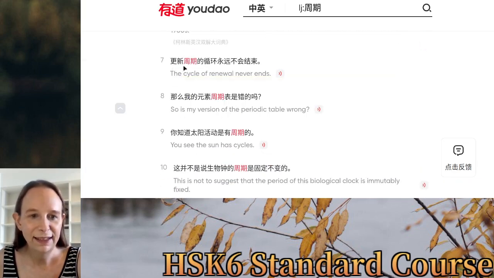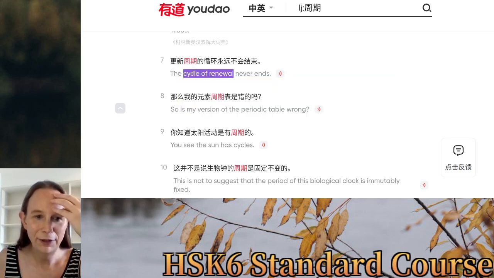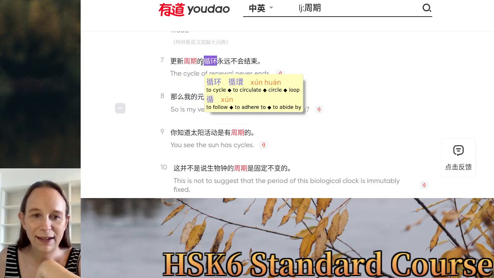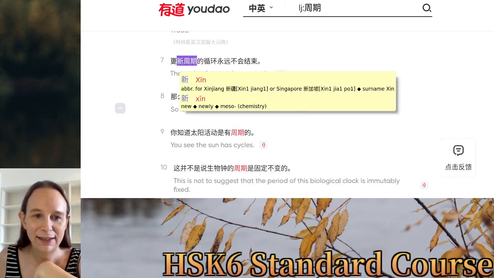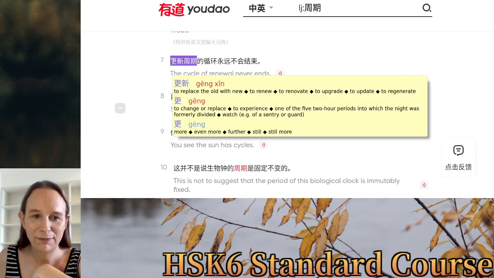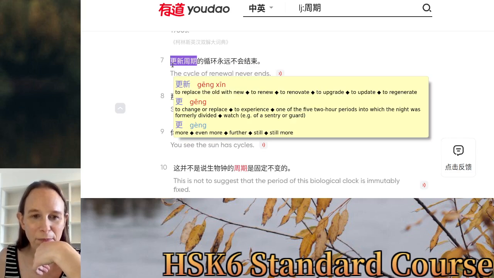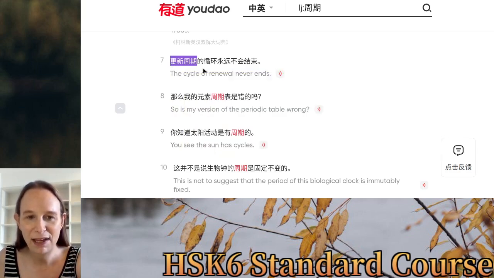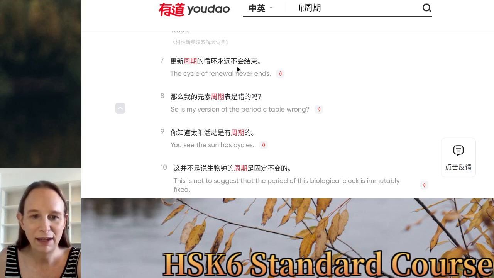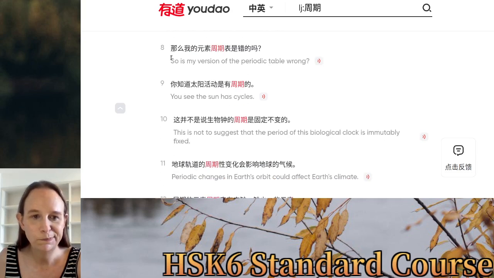Okay, 更新周期, cycle of renewal. The 循环. 循环 is cycle. The cycle of, I'm not sure. Replacement period cycling 永远不会结束. 那么我的元素周期表是错的吗?